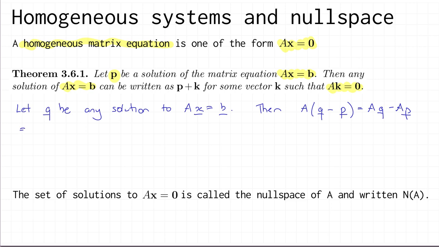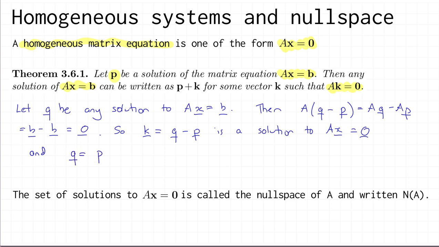So what I've got there is just B minus B, because P and Q are both solutions to AX equals B. So this is 0. So the vector K, which I'm going to define to be Q minus P, is a solution to AX equals 0, and Q is equal to P plus K.